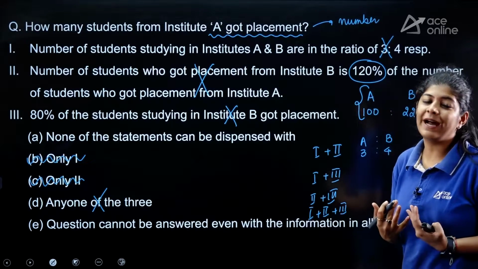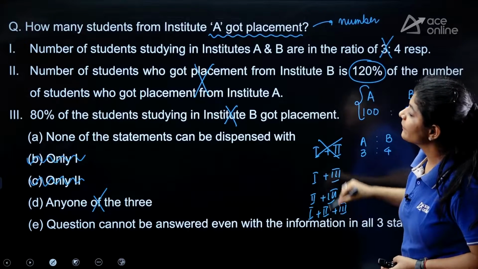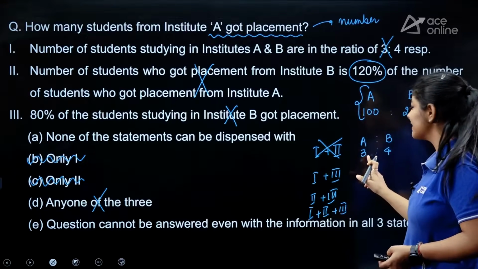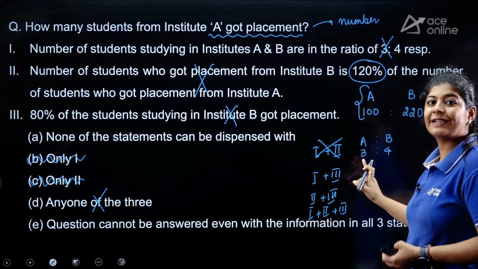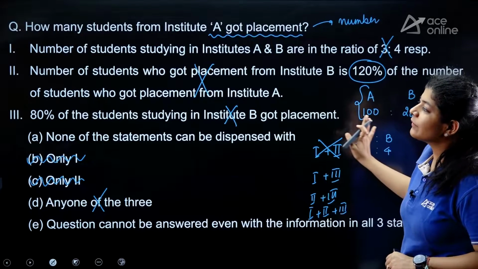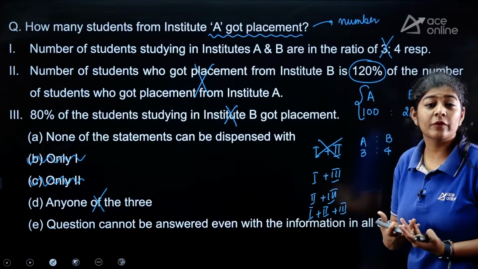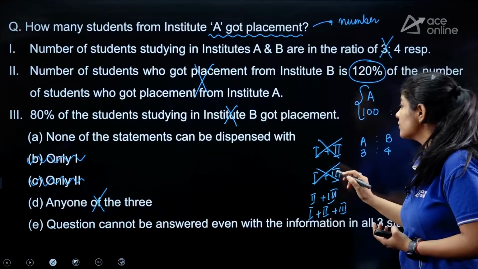But we want the number. Are we able to define it? No. First and third: here we have the ratio that the number of students in the whole institute is 3:4, but the number of students who got placed is 80%. But what we want is the number. So this one is also eliminated.